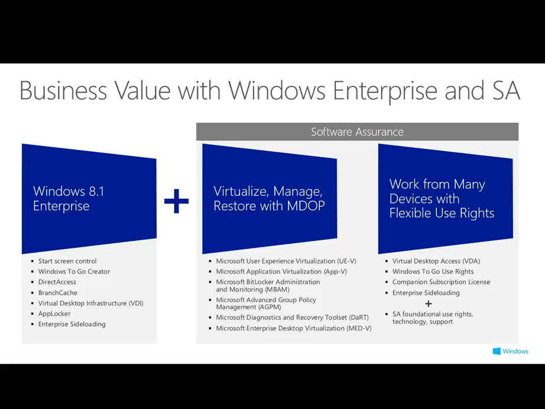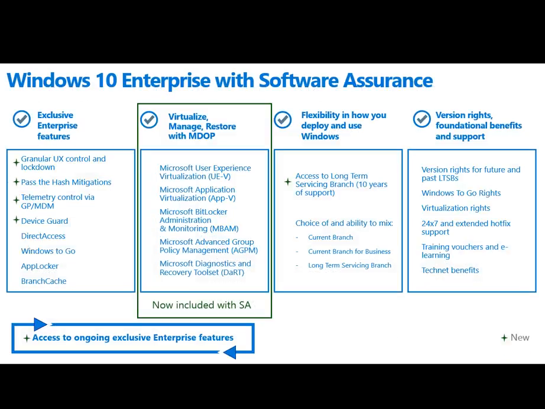Again, with Software Assurance, you have the VDA, the option to do Windows to Go, and you can have enterprise side loading. So those are the benefits of Software Assurance. Now with Windows 10 Enterprise Software Assurance, the Microsoft Desktop Optimization Pack is included. So that's the new licensing for Windows 10.